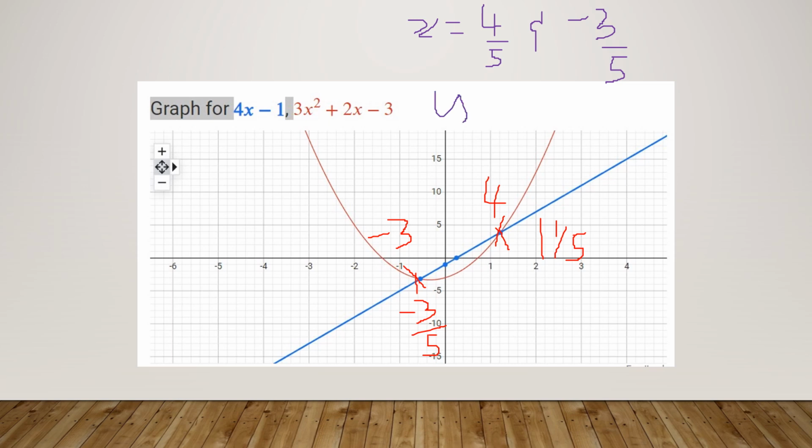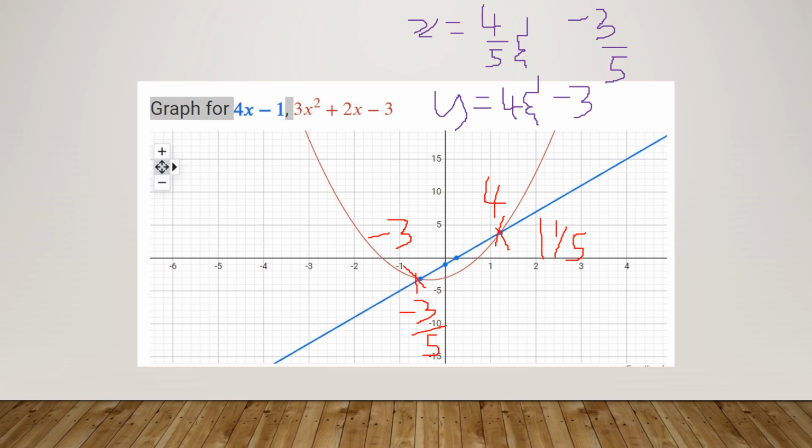Y also has two values or two solutions, that is positive 4 and minus 3. So here, in solving the simultaneous equation, there are two values for y and two values for x.